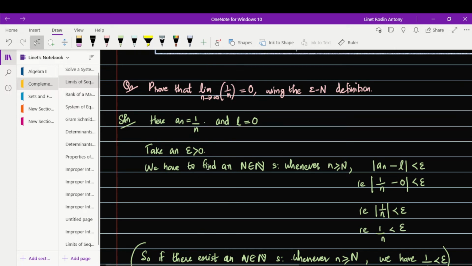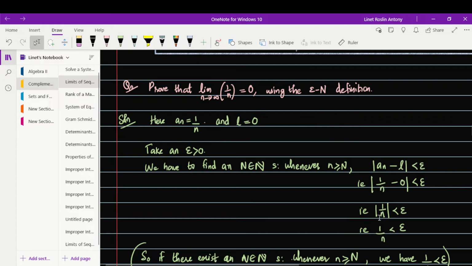Our aim is to find a capital N such that whenever small n is greater than or equal to N, modulus of an minus L is strictly less than epsilon. That is, modulus of 1 by n minus 0 is strictly less than epsilon, because an is equal to 1 by n and L is equal to 0 in our question.